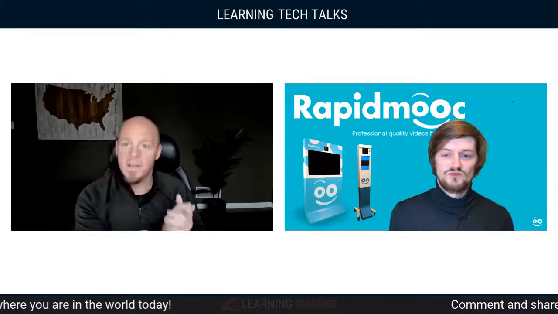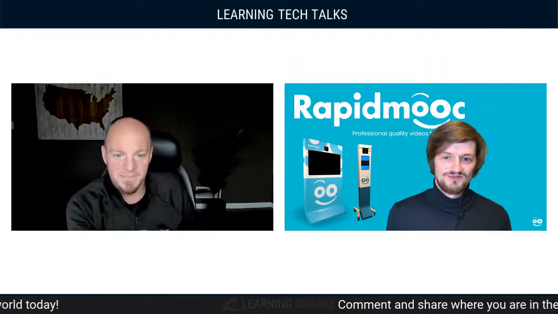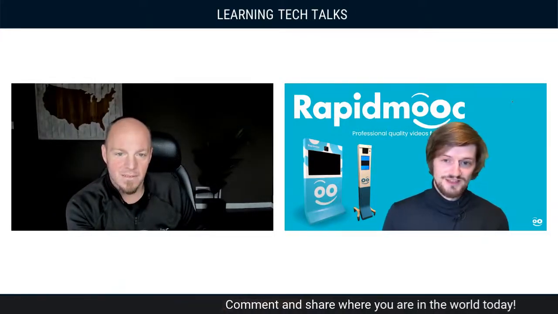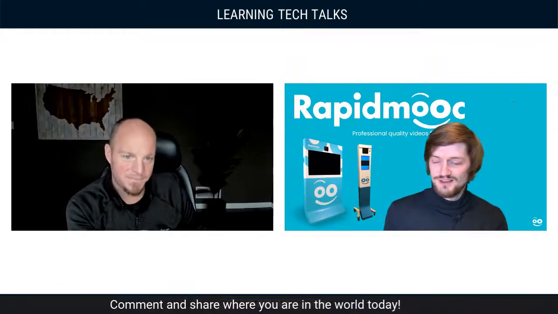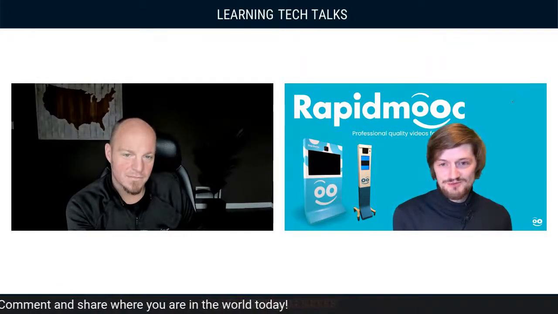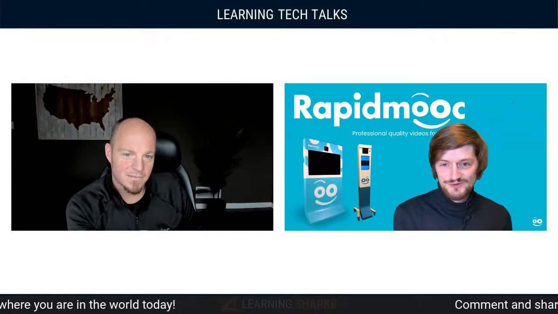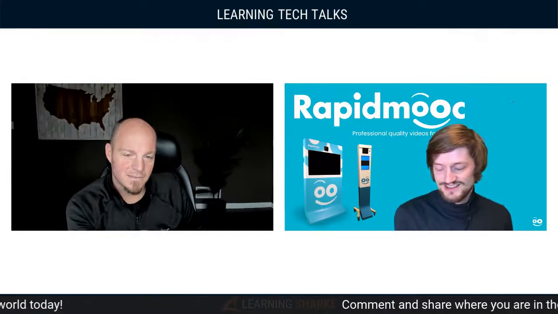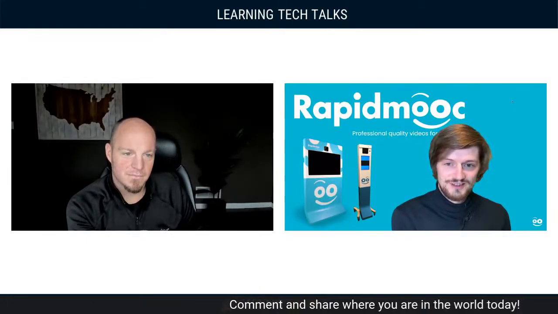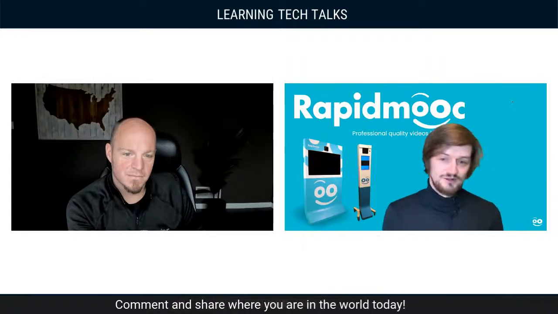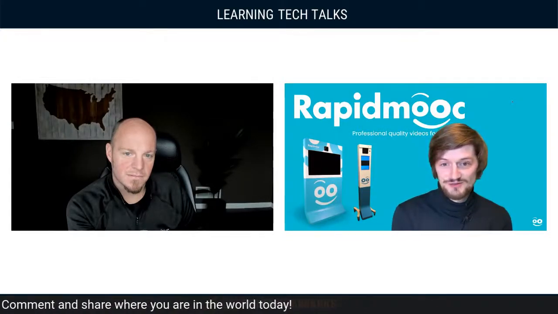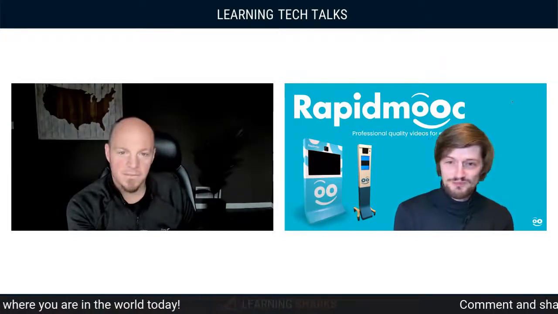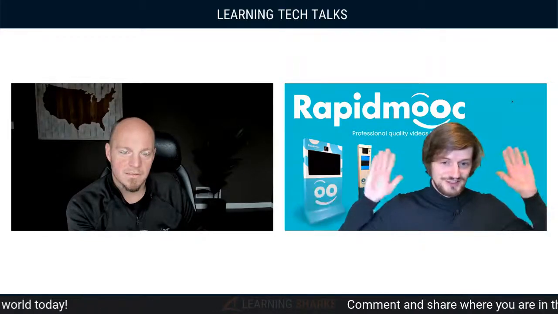But Chris, where are you in the world today? So I'm in Brighton in the UK, and I'm actually in my studio set up in my spare bedroom. With COVID regulations, it's getting harder to go to the studio in London. So I've set this up in my spare bedroom, and we're partway moving. What you can see is the green screen.